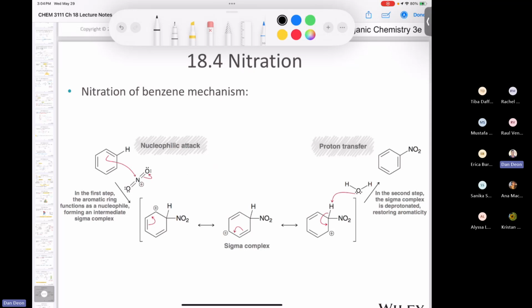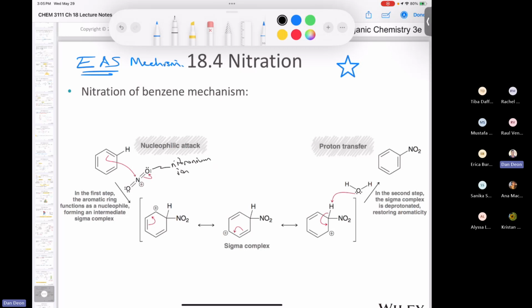So now that we've made the nitronium ion, look at the mechanism of the benzene. Remember, this is the same old electrophilic aromatic substitution mechanism. Anywhere you see that, you're expected to know that mechanism. So we have our nitronium ion, which is a powerful electrophile.